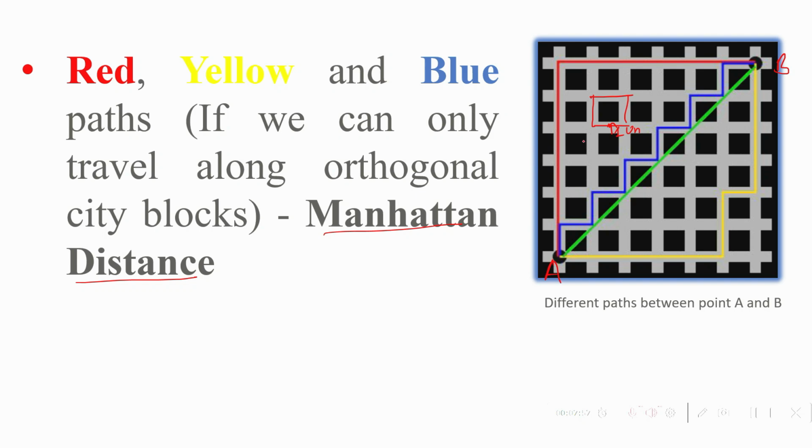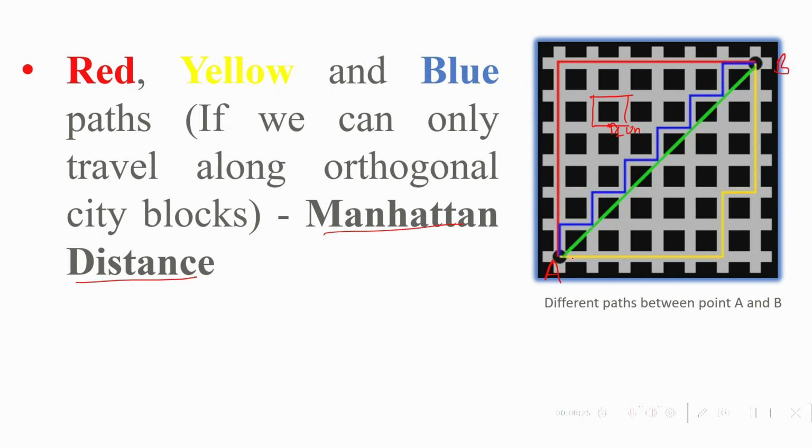Now suppose you want to find the Manhattan distance from A to B. You have to traverse along orthogonal blocks only. That means the red, yellow or blue lines or paths represent traveling along the orthogonal city blocks. This type of distance is simply called the Manhattan distance.